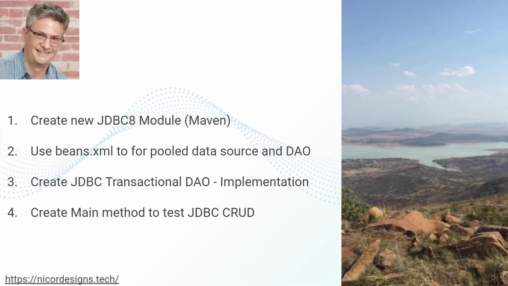And third, we will create the JDBC transactional data access object with the interface and the implementation. And finally, we will create the main method to test the JDBC CRUD, or create, read, update, and delete capability that we have coded in our data access object.